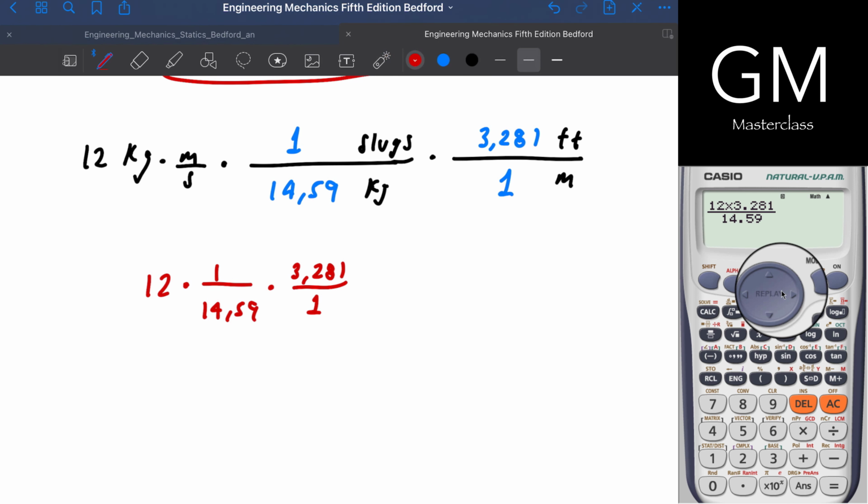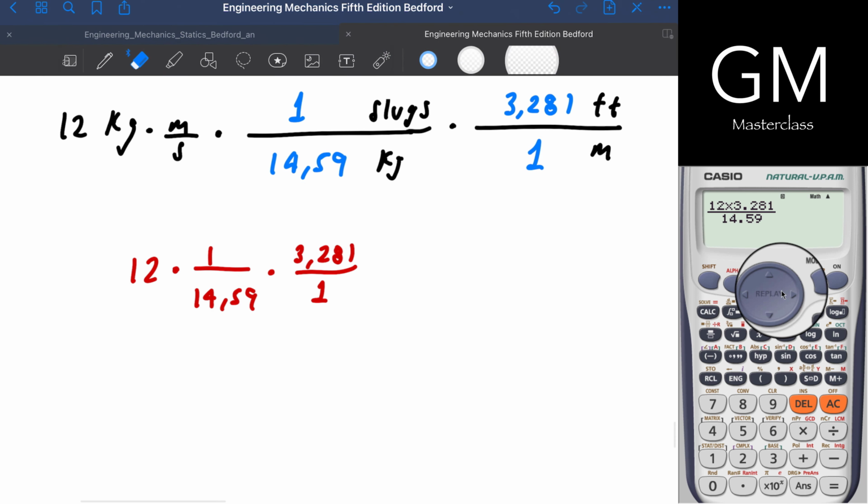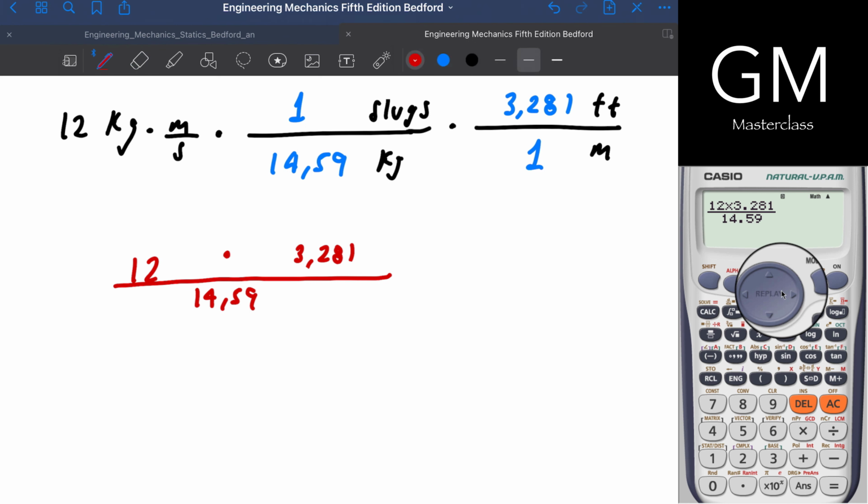So this is actually 3.281, and this 1 is actually not doing anything. So it's the same thing as I divide by the result of the multiplication of these two numbers.